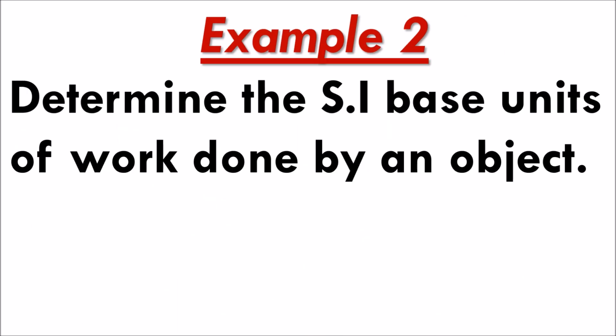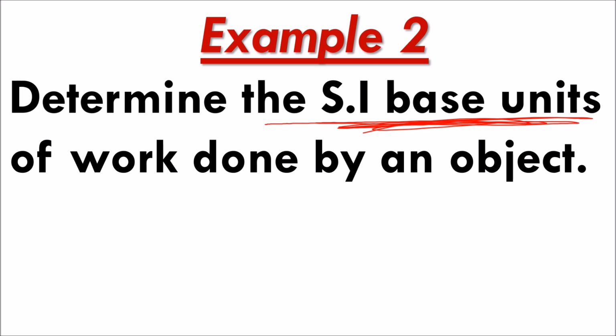Now, example 2 reads, determine the SI base unit of work done by an object. I know you are aware that the SI unit of work done is a joule, but the key question here is the SI base units. It's not just units, but they should be base units.